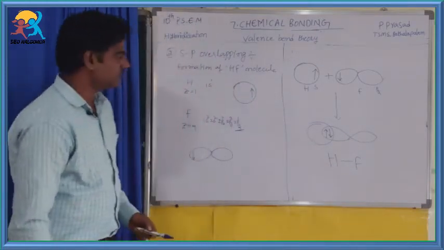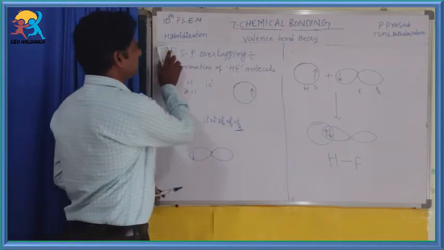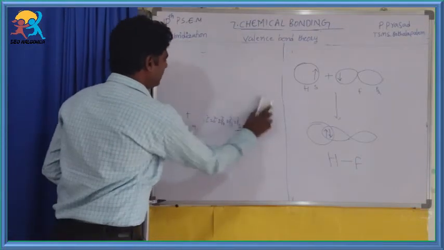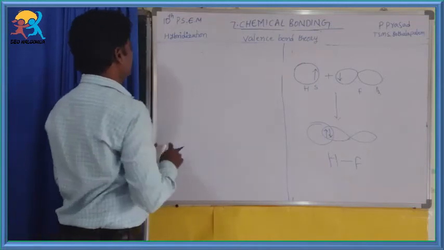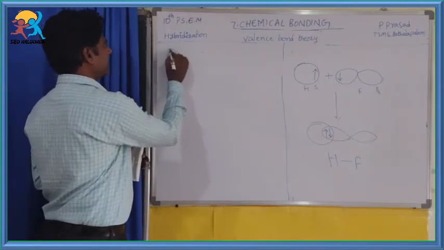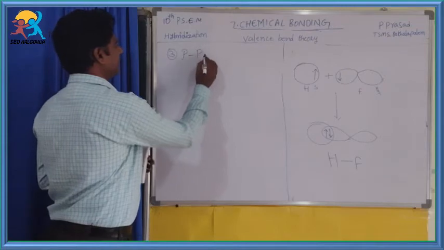Okay, so next I am going to discuss PP overlapping. The third type of overlapping is PP overlapping.